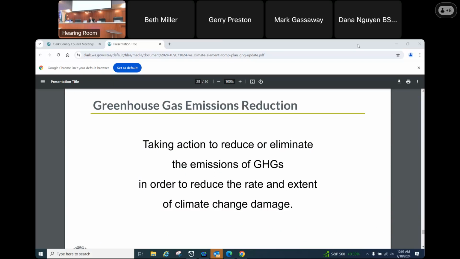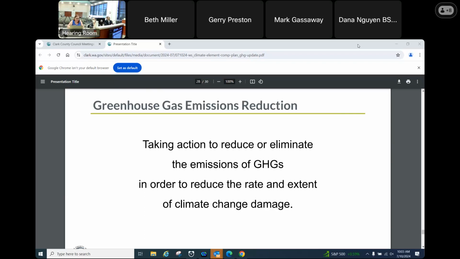So just starting with a quick definition here, greenhouse gas emissions reduction is taking action to reduce or eliminate the emissions of greenhouse gases in order to reduce the rate and extent of climate change damage. So this process requires identifying and adopting effective actions that will reduce the emissions that are being released.